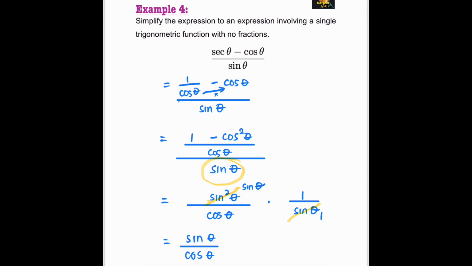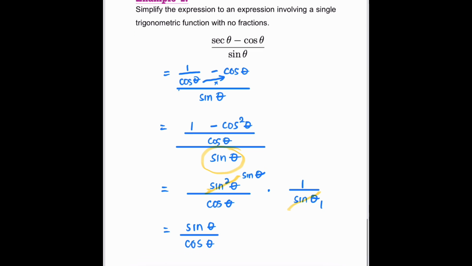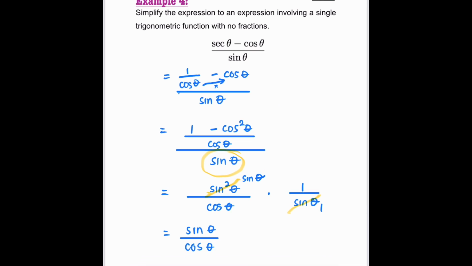And as you can see here, sine theta divided by cosine theta is one of the quotient identities, right? And we learned that sine theta divided by cosine theta is equal to tangent theta. That is correct. So this is our answer.